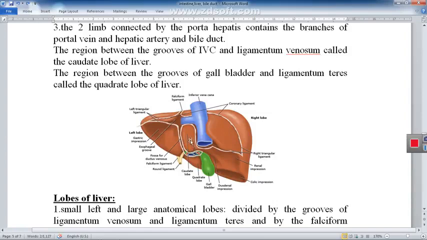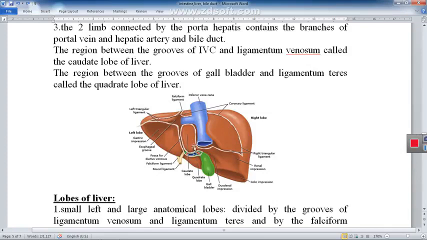You can note that this region between the groove of inferior vena cava and the groove of ligamentum venosum is called the caudate lobe, while this lobe between the fossa for gallbladder, or groove for gallbladder, and the groove for ligamentum teres is the quadrate lobe.